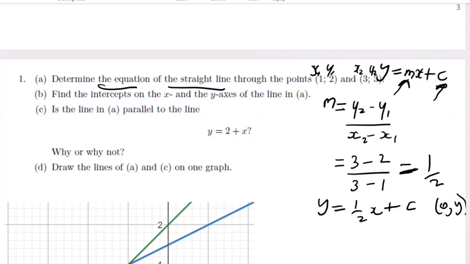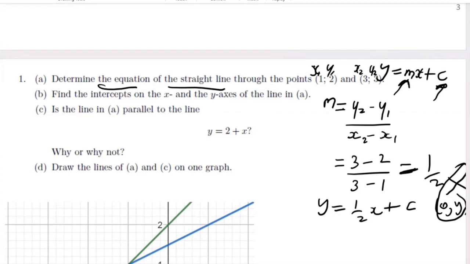So this strategy will not work in this instance, guys. It's not that it is incorrect to open that toolbox, but it is not economical to use, because once you substitute x equal to 0, you are left with y is equal to c. It is just telling you that your y-intercept is equal to c.